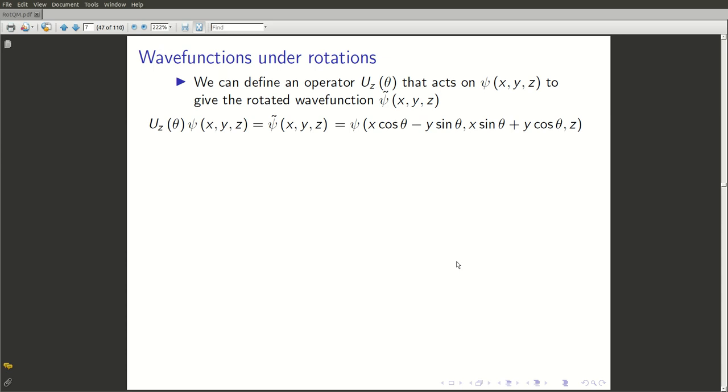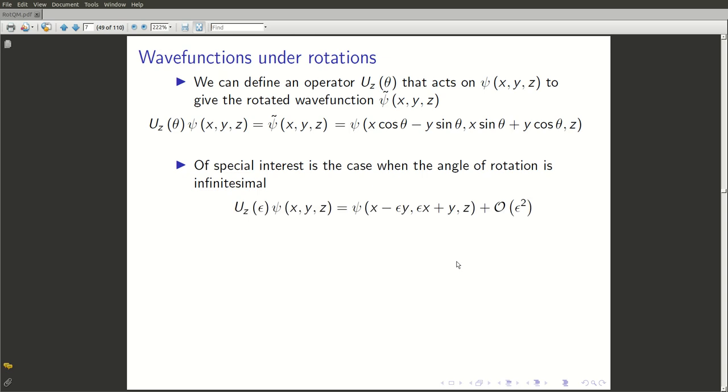Of special interest is the case when the angle of rotation is infinitesimal, for reasons that will be clear very soon. So if the angle theta is now an infinitesimal quantity, let's say epsilon, U_z of epsilon acting on psi at x, y, z will be the value of psi at these coordinates.